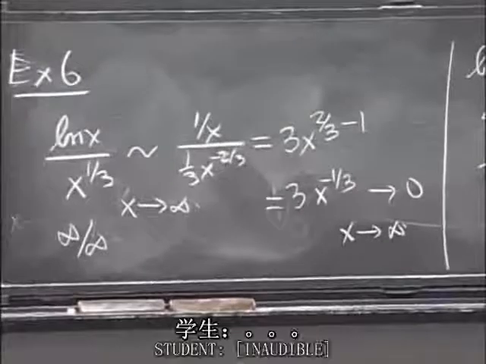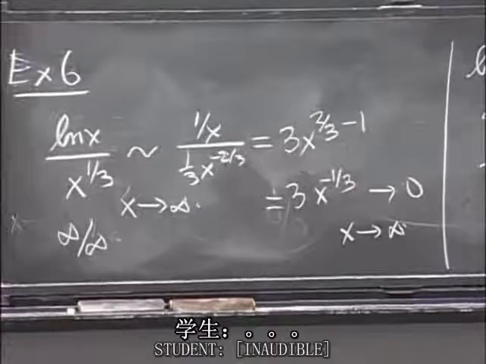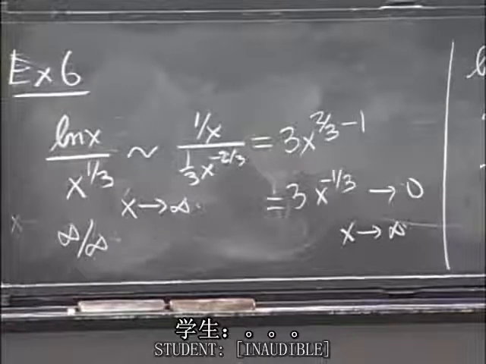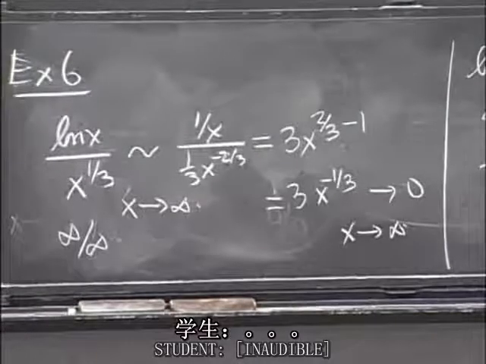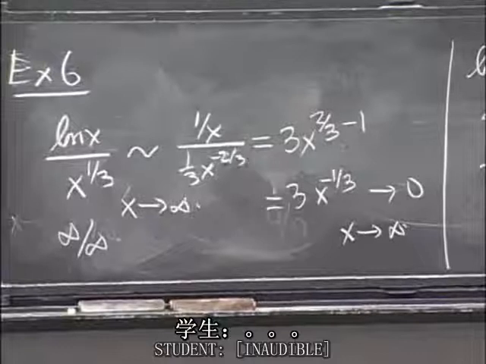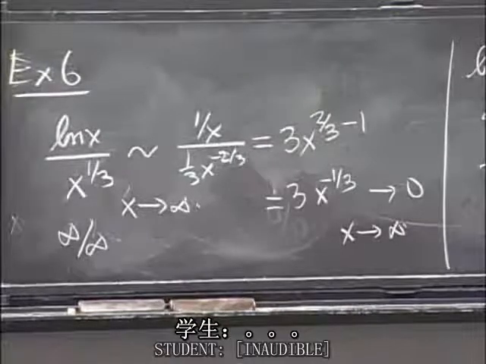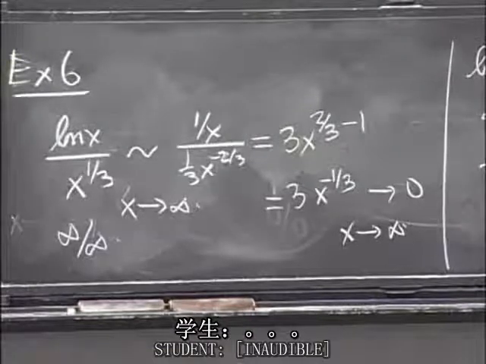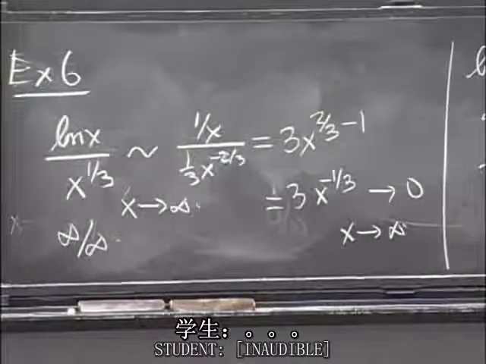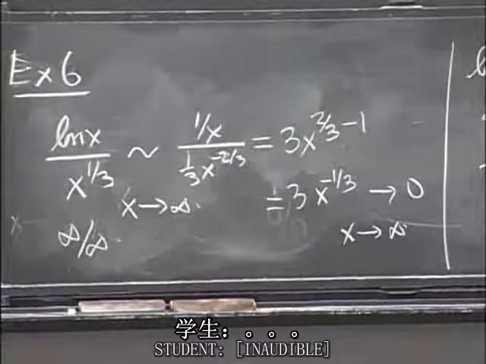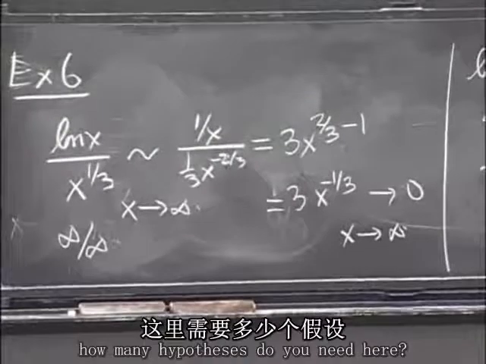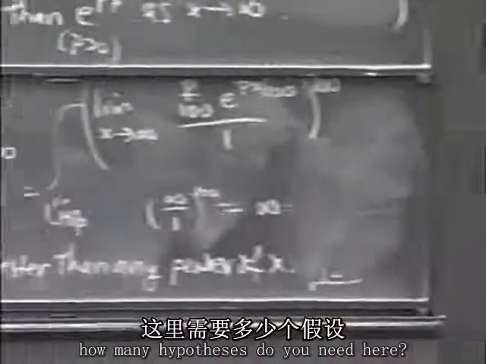So if you had, for that case, where you put other cases around, a is plus or minus 2. So if f of a over g of a is not equal to 0 over 0 or infinity over infinity, but a is plus or minus 2. The question is, how many hypotheses do you need here?